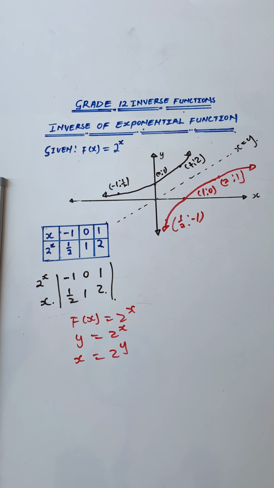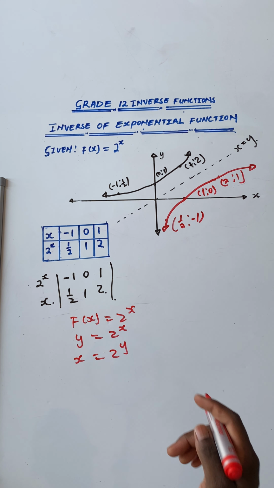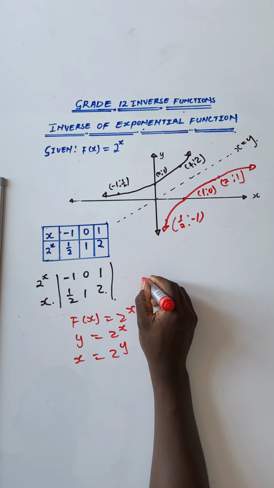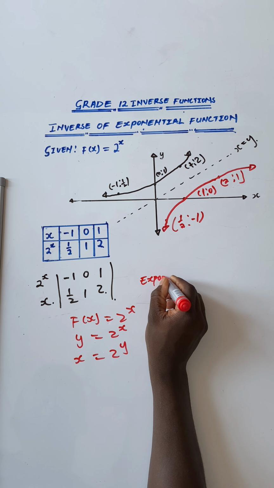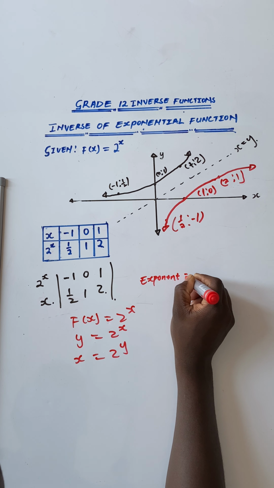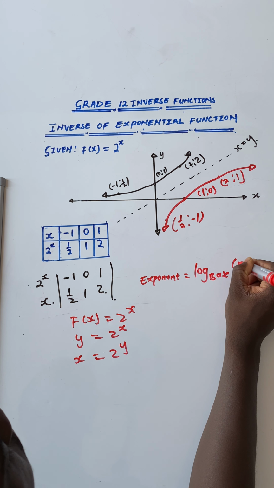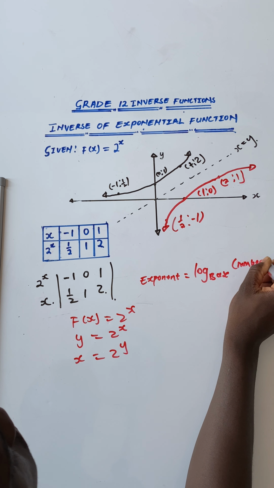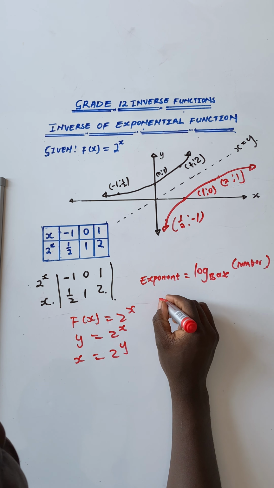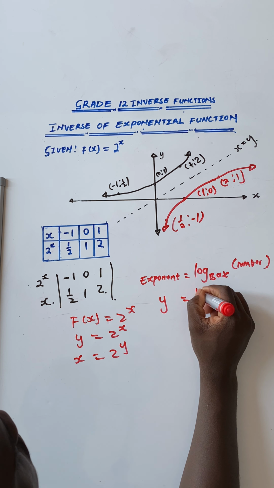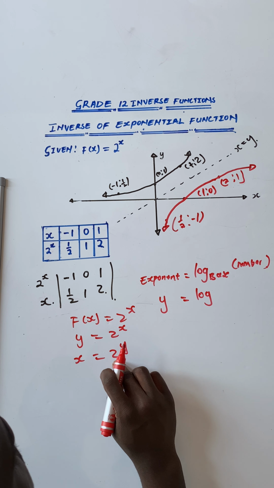That's where the logs come in handy. We use the rule for exponents that says the exponent is equal to log, then base, then number. So what is the exponent in this case? It's y, which is equal to log, and the base is 2.